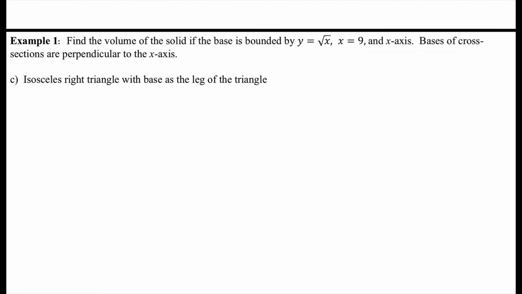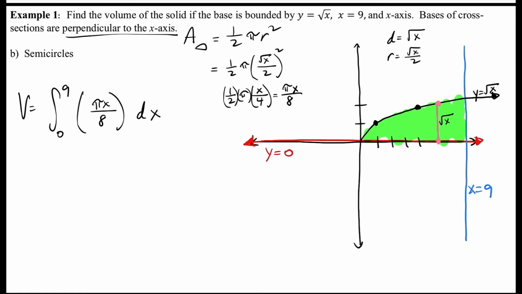Okay, so I'm going to go on to the next part. It's the same thing, different shape.